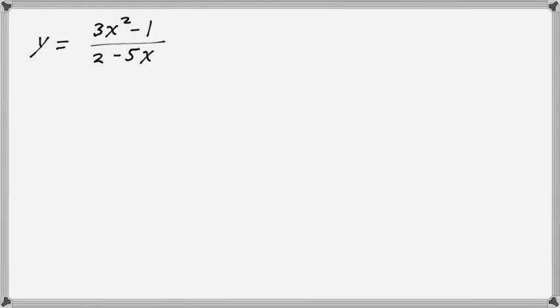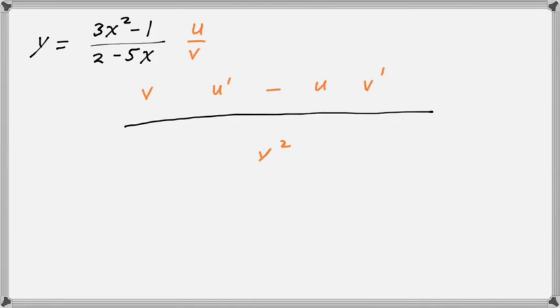This is a quotient, so you're going to have to use a quotient rule. The derivative of u over v is v, the bottom, times the derivative of the top, minus the top times the derivative of the bottom, all divided by the bottom squared. So, let's fill these in. What's v?